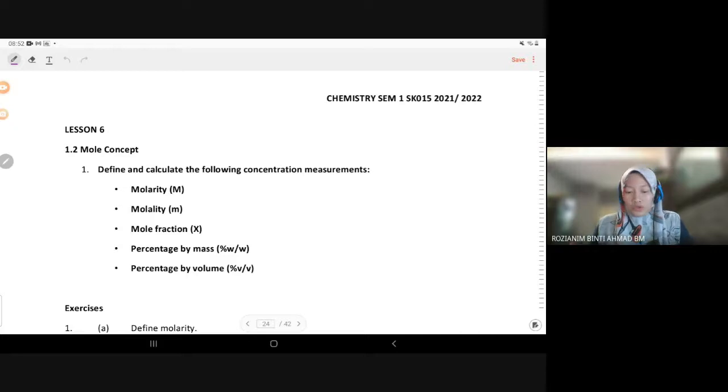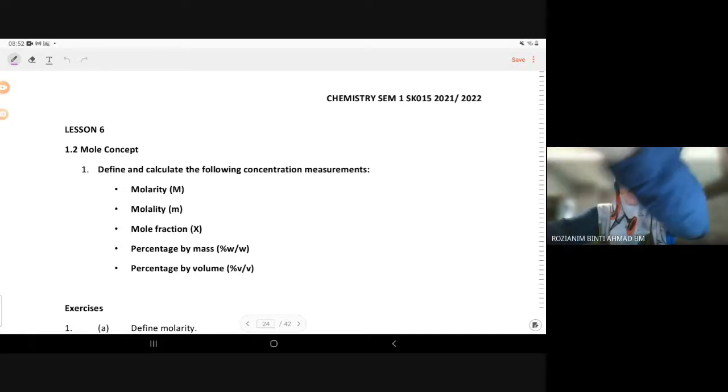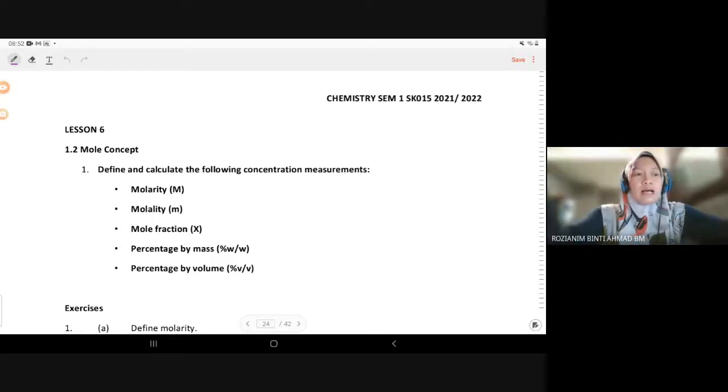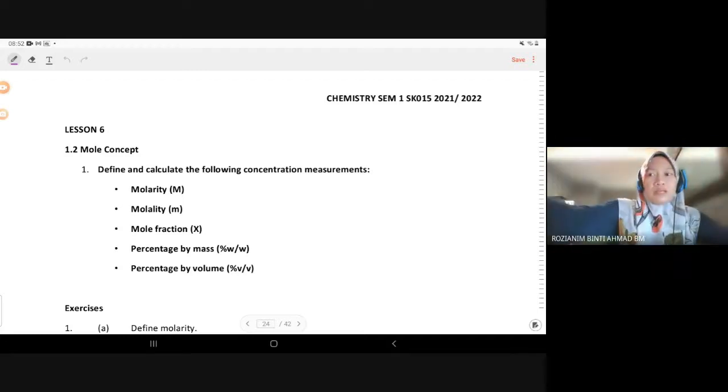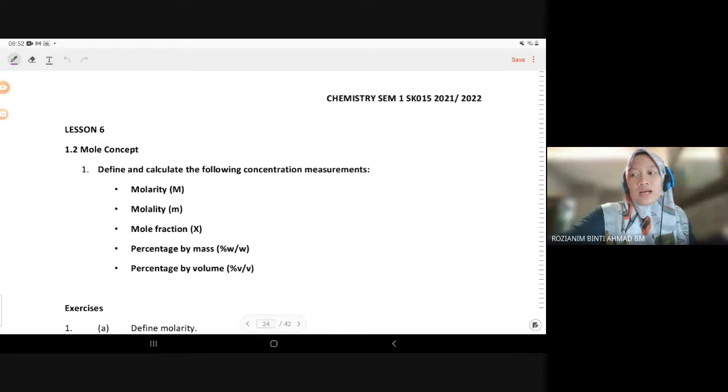Tugasan untuk lecture hari ini adalah saya nak you buat summary. Summary lesson 1.0, which is atoms and molecule, dan juga yang kita belajar hari ni, mole concept.